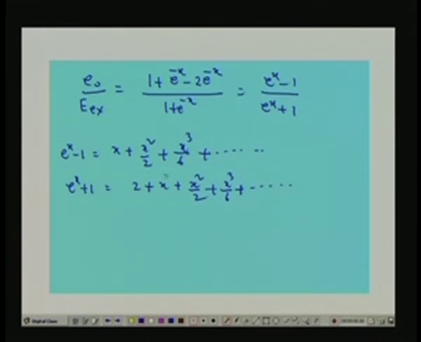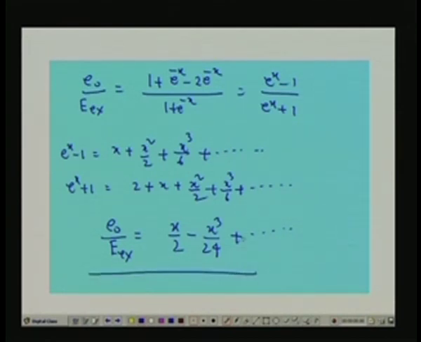So, I can write here that E naught by E x will become x by 2. If we make a long division of this, it will become x by 2 minus x cube by 24 plus so on. So, we can see that using a Wheatstone bridge also, the relation between the output voltage and the temperature change is almost linear, right.